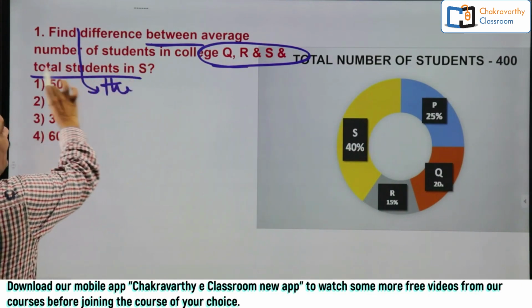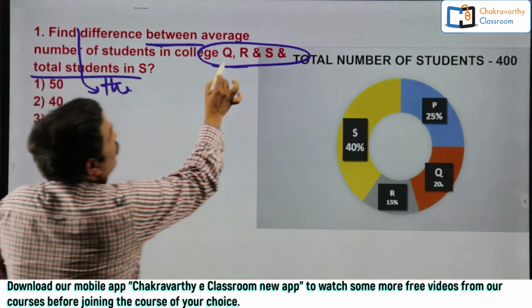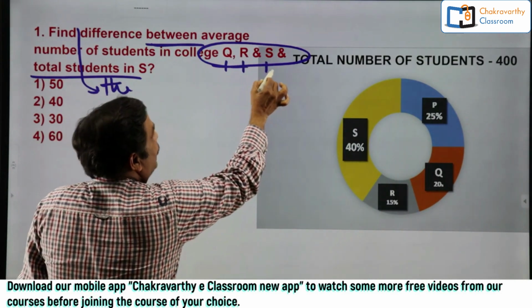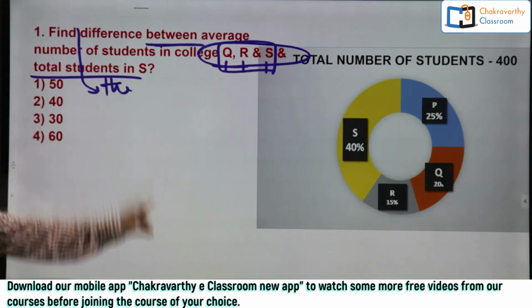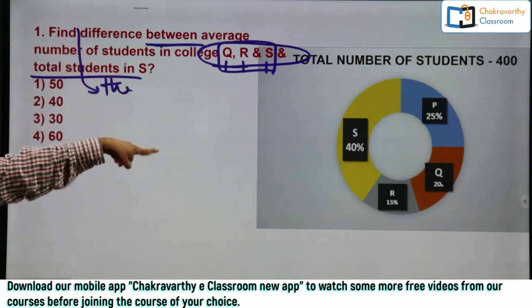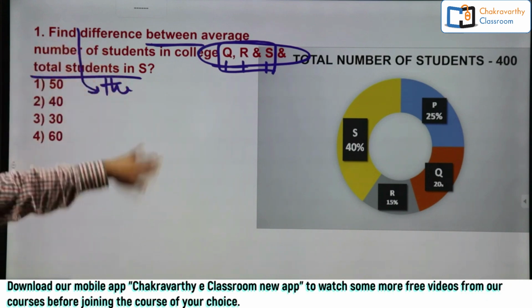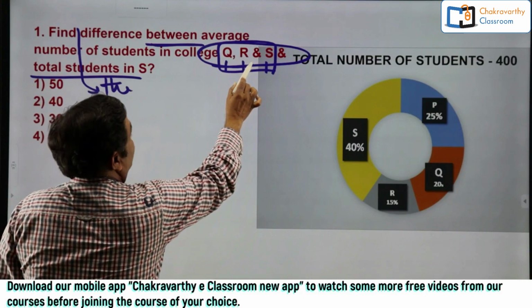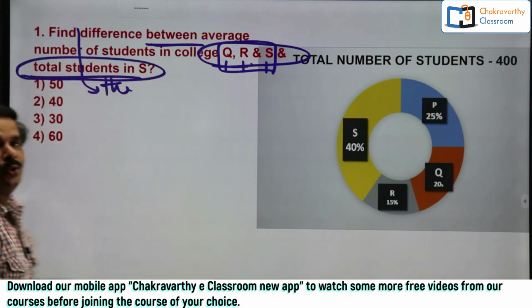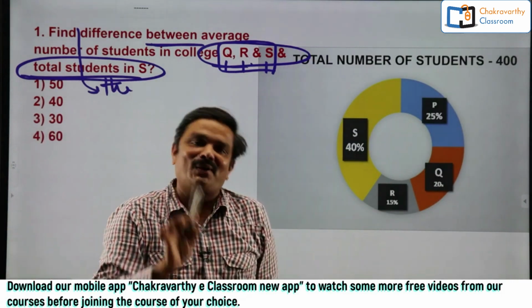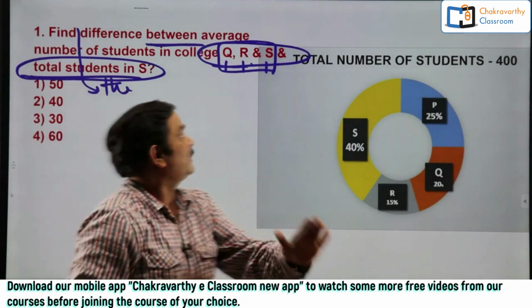Find the difference between average number of students in college Q, R and S. You need to find out the average number of students in Q, R and S, and the difference between this and total students in S. You need to find out the difference. Now you got the clarity? Only two entities are there.